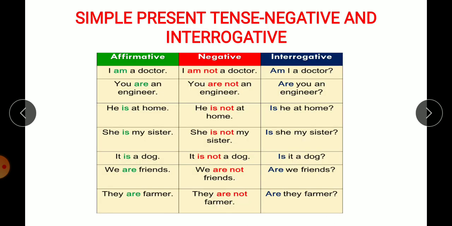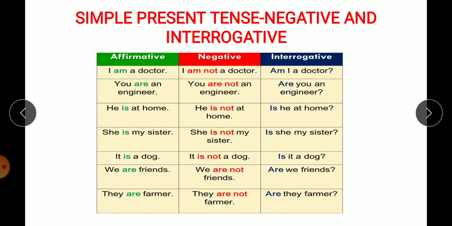Now coming to simple present tense. Now children, if you remember, आपने simple present tense में दो तरह की sentences सीखी थी, negative and interrogative. Negative sentences are framed by putting not, and interrogative is framed by putting question mark at the end.